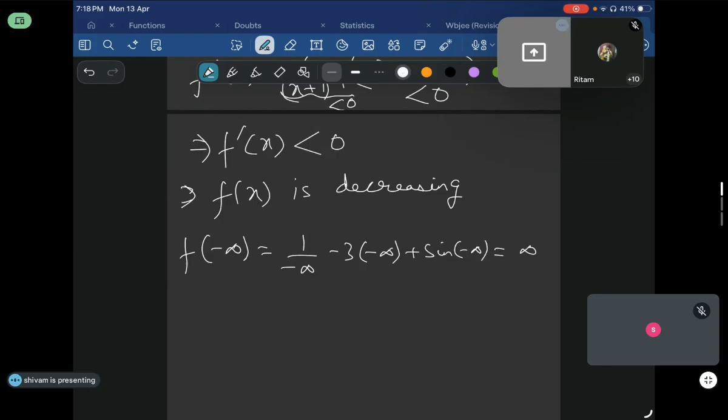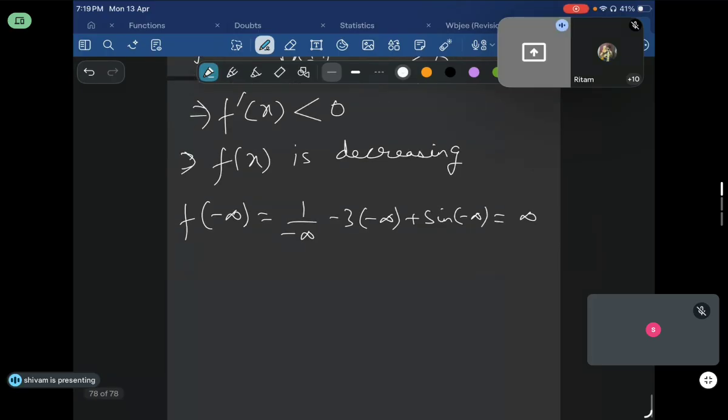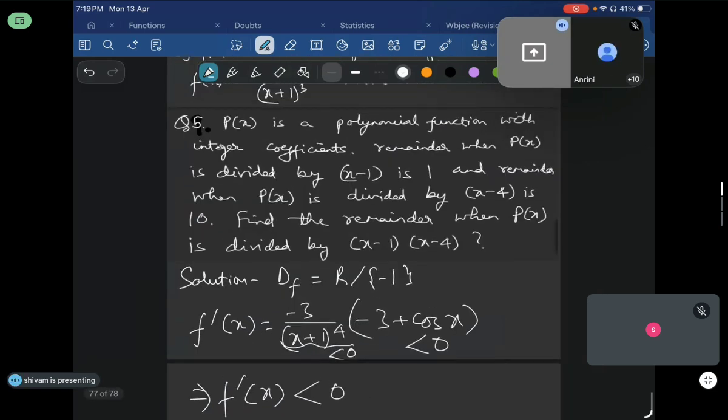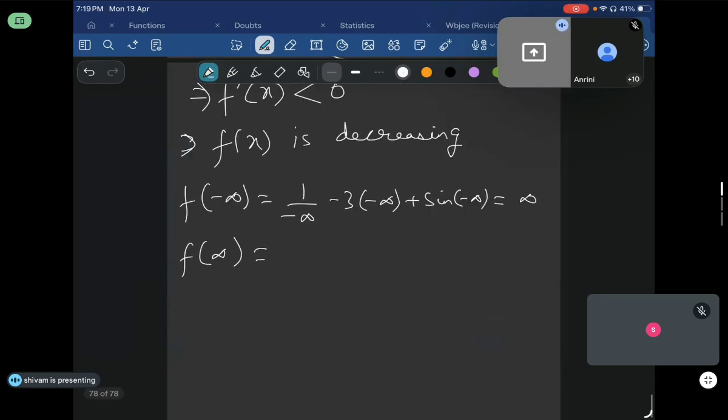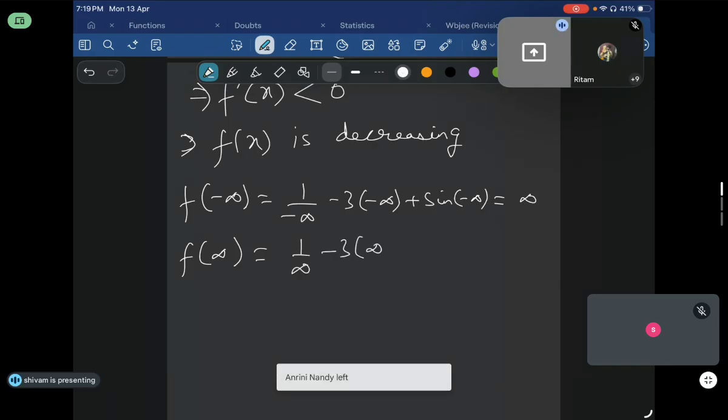Tell me, Raktim, Devank, Memel, Onani, are people getting? Yes. Now what is f of infinity? f of infinity will be equal to 1 upon infinity minus 3 into infinity plus sine of infinity. This will be equal to minus infinity.